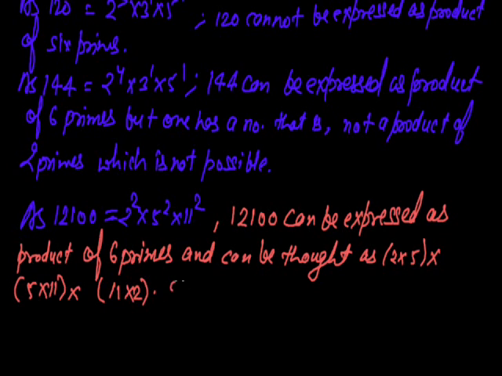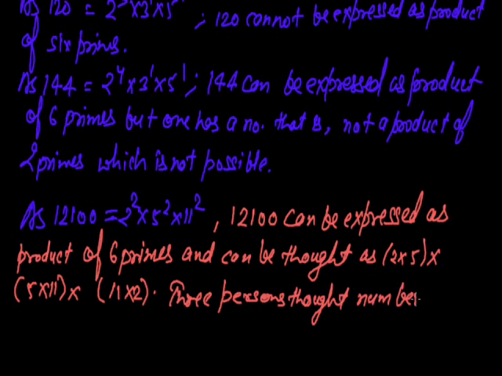So from here we can conclude that the three persons thought numbers that are 10, 55 and 22 respectively.